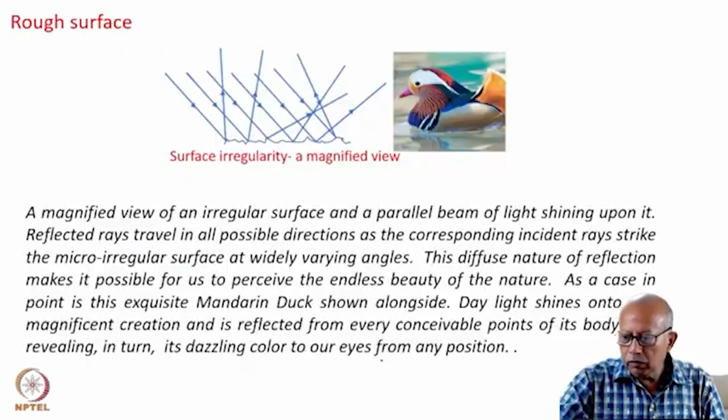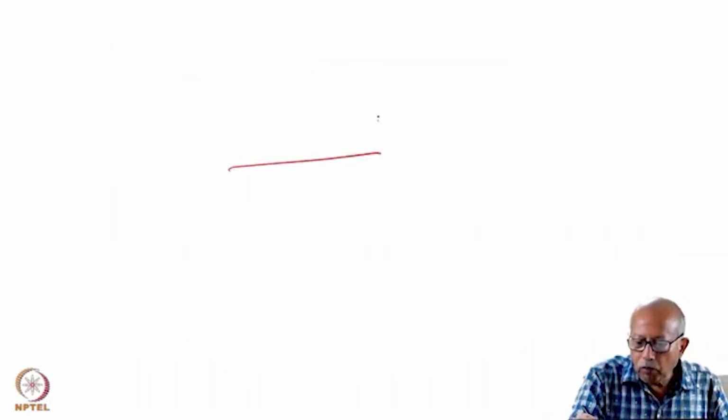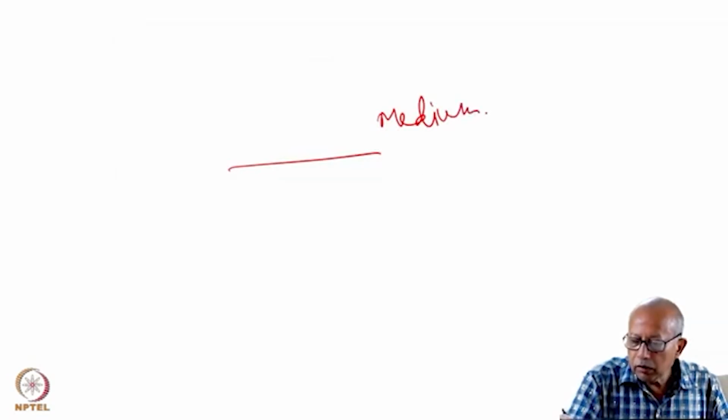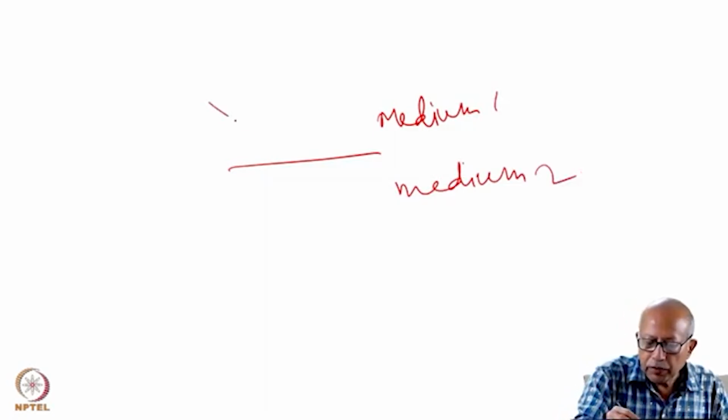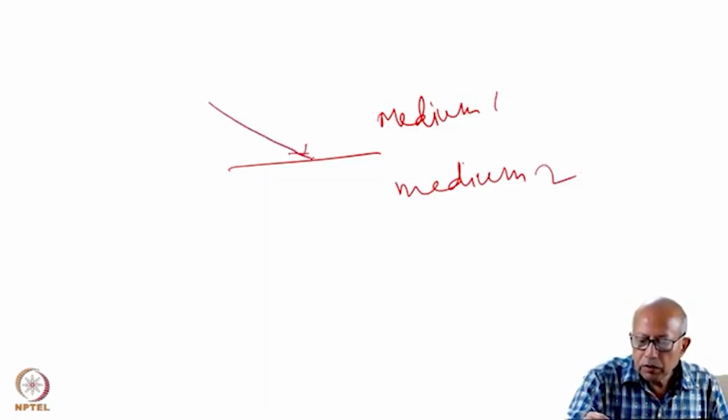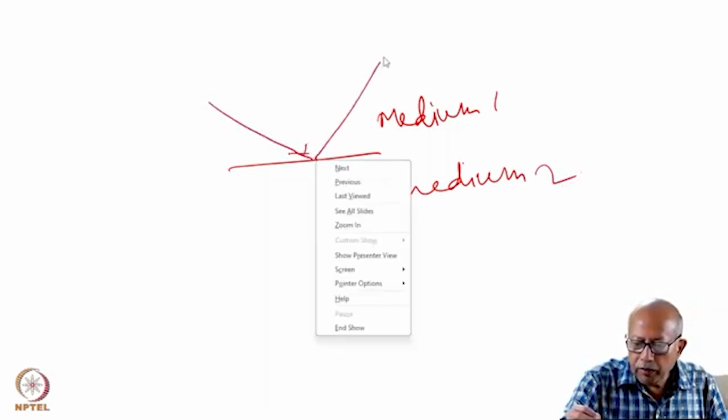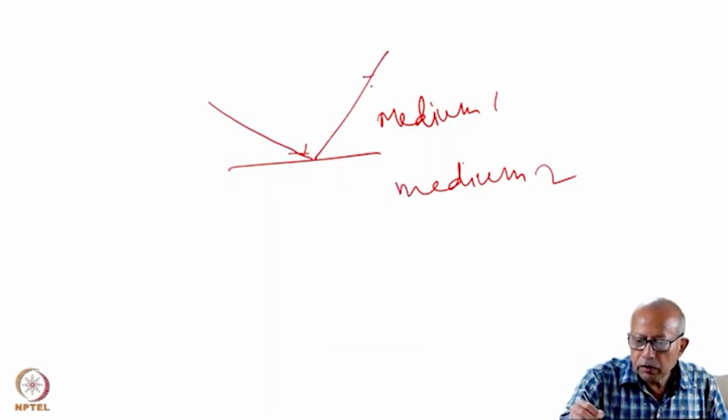For example, you have one medium here, and this is medium 1. Light falls on it. A part will be reflected.